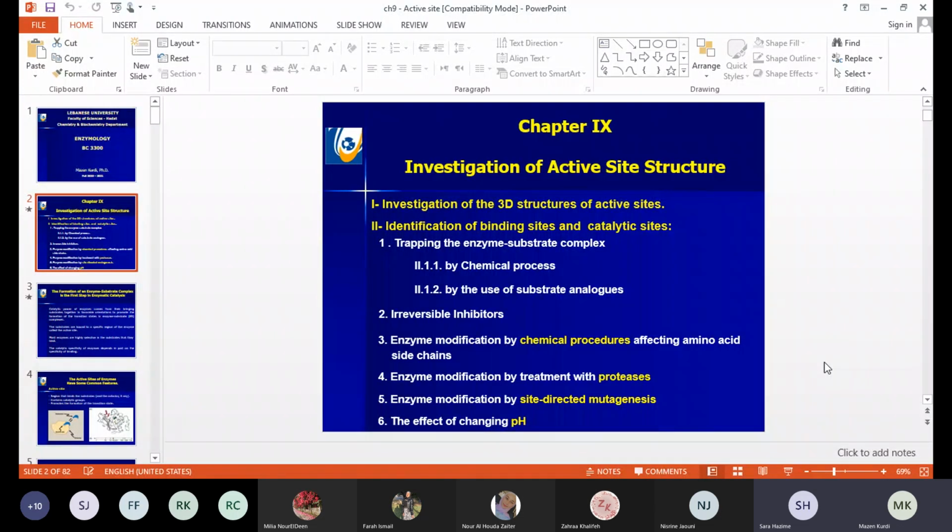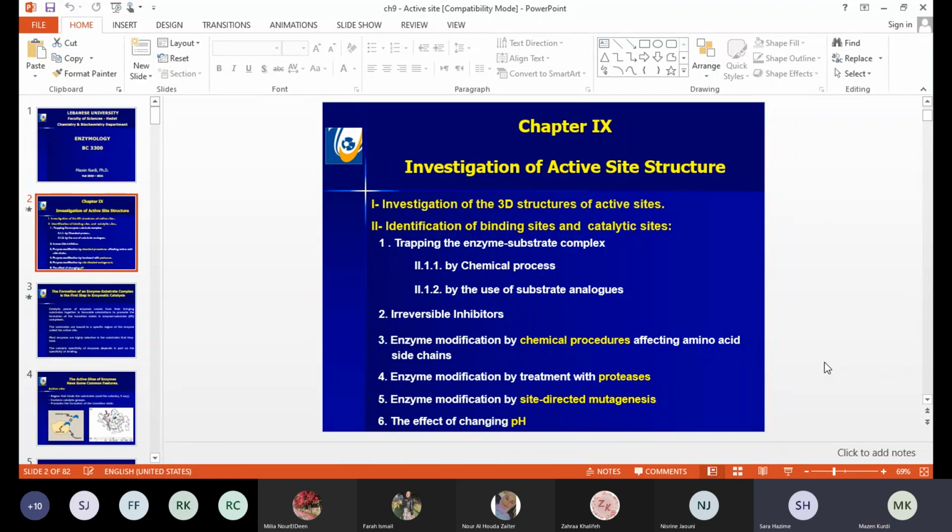So first, in this chapter, we'll discuss the investigation of the 3D structure of the active site and how we can identify the binding and the catalytic sites by different methods. We have the trapping of the ES complex. As we said previously, you have the first step of the reaction, E plus S to ES. It's a reversible reaction.